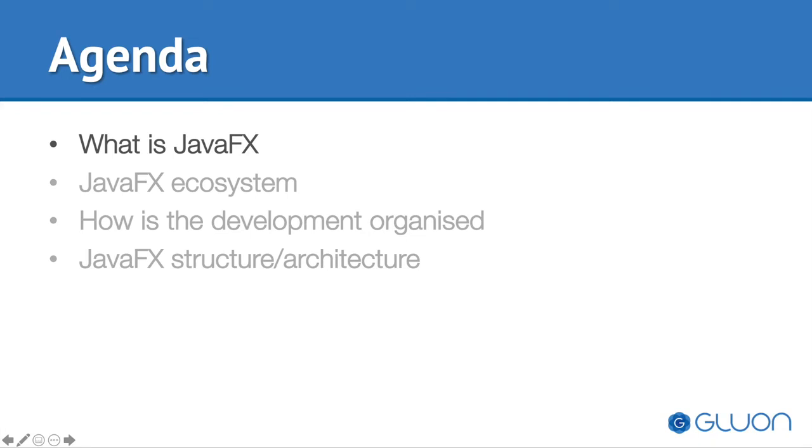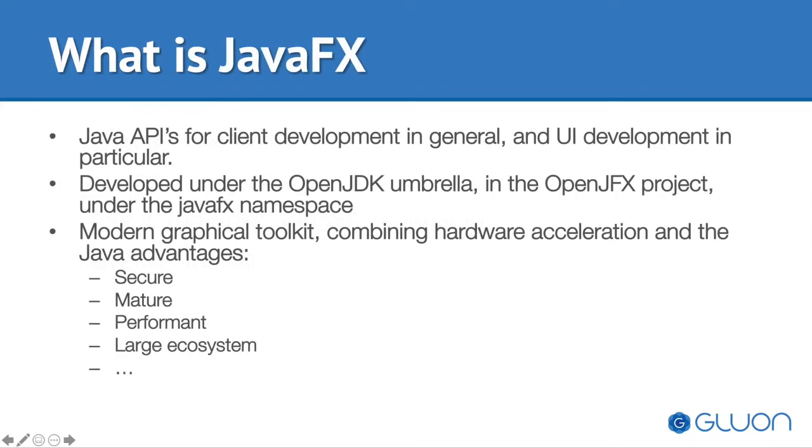So first of all, what is JavaFX? It's not easy to give a definition, but I think the JavaFX platform contains the Java APIs that are used for client development in general and UI development in particular. When I say it contains the Java APIs, I mean that these are really the APIs that are being developed in the OpenJDK umbrella.